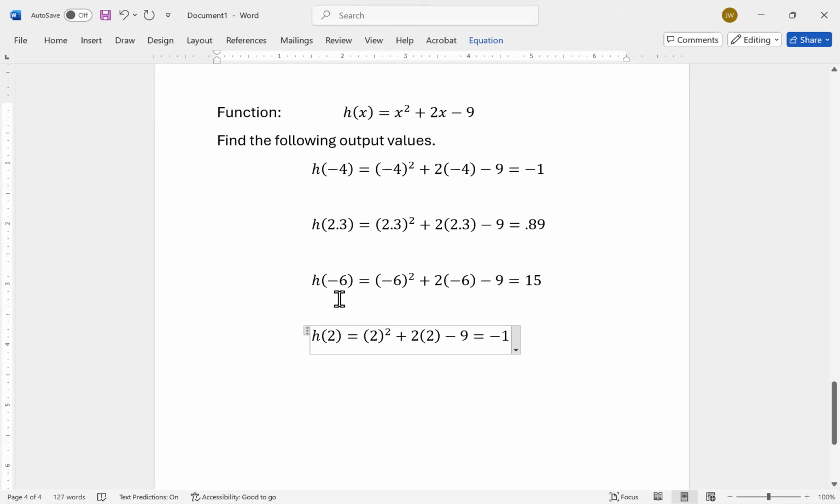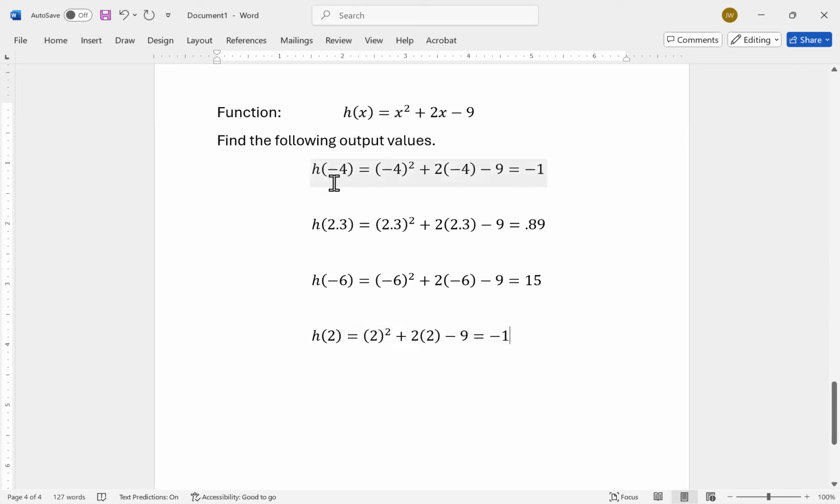So we get the ordered pair negative 6, 15, the ordered pair 2, negative 1, also the ordered pair negative 4, negative 1. Remember, that's perfectly fine. That still is a function. As long as my input has one single output associated with it, we're good to go.